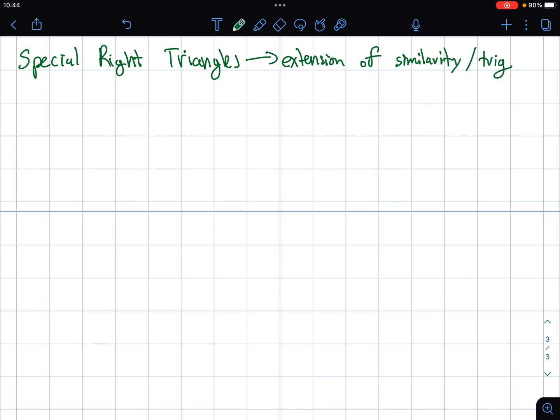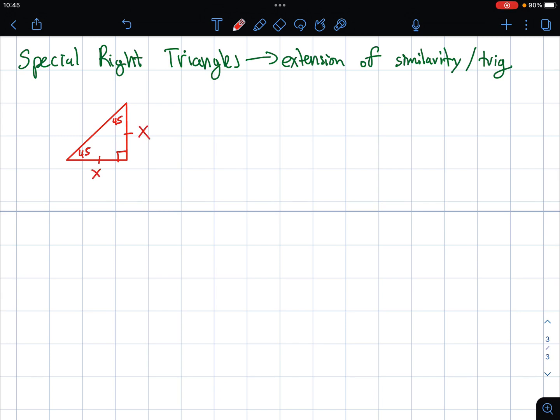So if you recall, one set of our special right triangles is, let me do a nice one, the 45, 45, 90 right triangle. And that is also the isosceles right triangle.